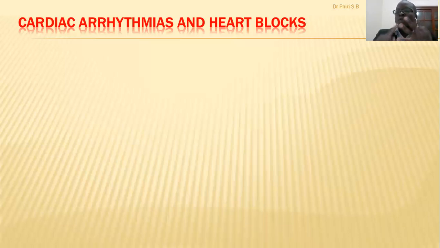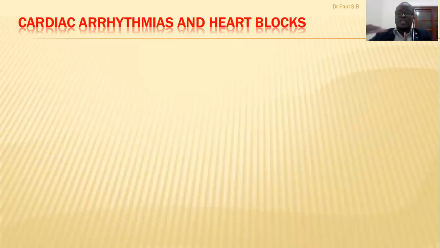And then we also had AVR. The AVR is augmented voltage right arm. It's looking at the heart from the right arm downwards at that angle, AVR, which was at negative 150 degrees. Then we had AVL, which was looking at the heart from the left shoulder, looking downwards at negative 30 degrees. The AVF was at 90 degrees.